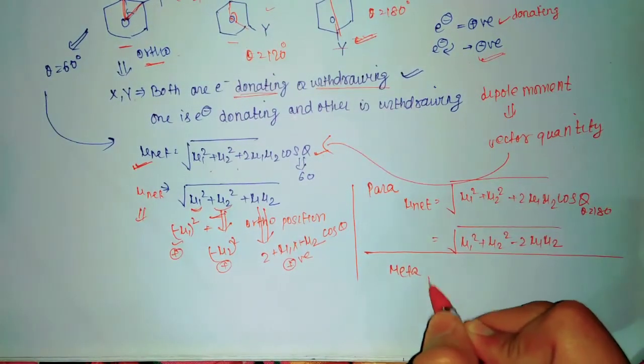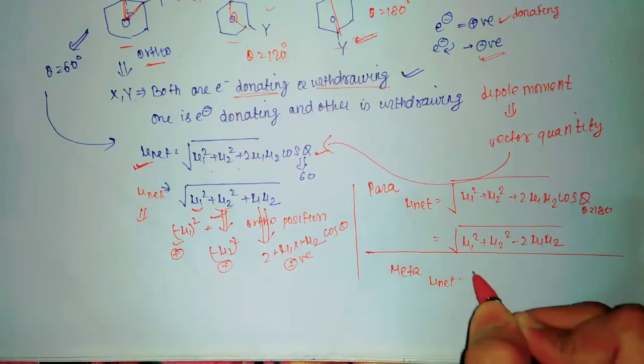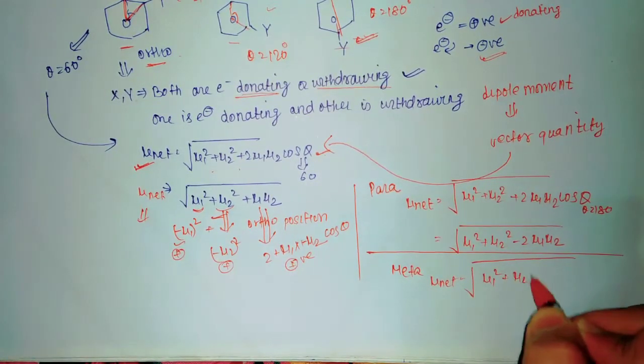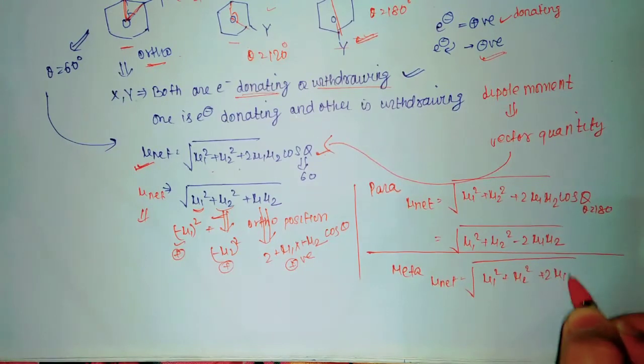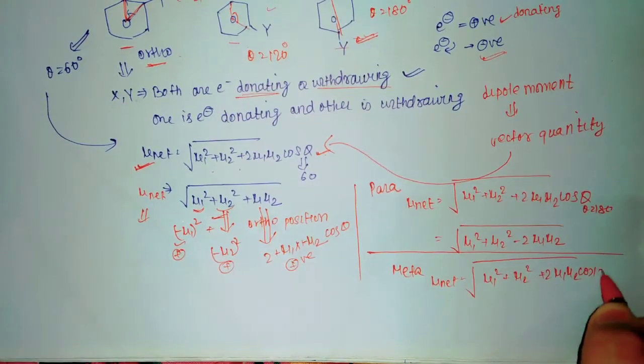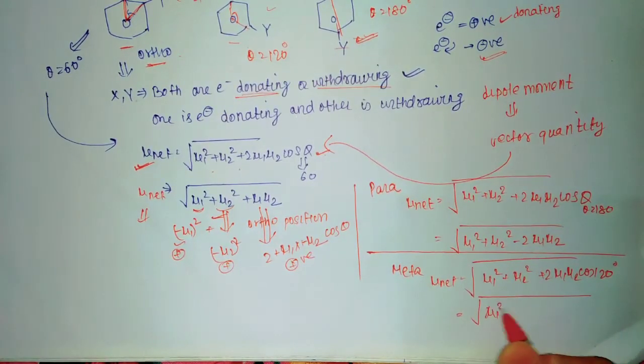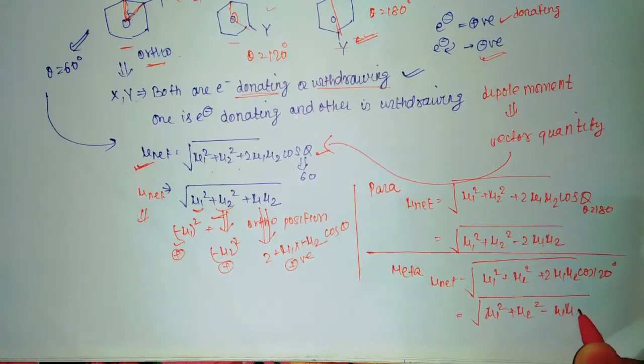So mu net is equal to under root of mu1 square plus mu2 square plus 2 mu1 mu2 cos 120 degrees, which is mu1 square plus mu2 square minus mu1 mu2. So what do you get as order?